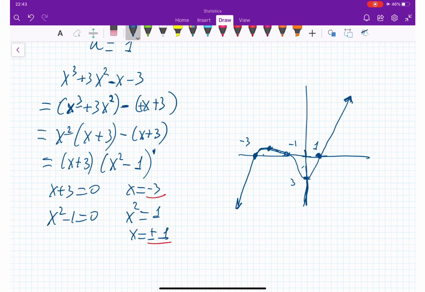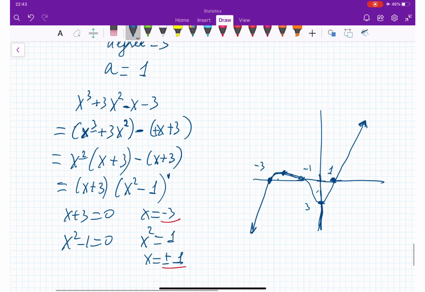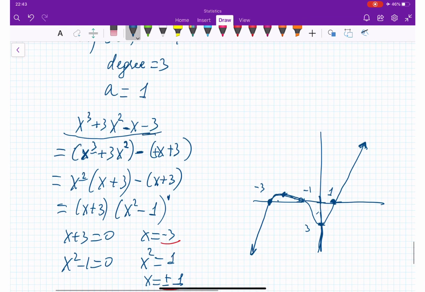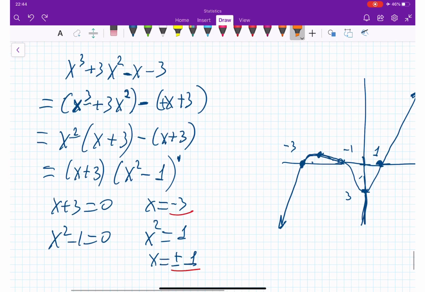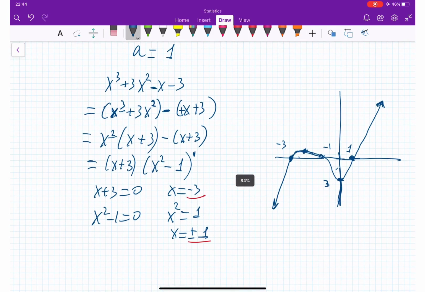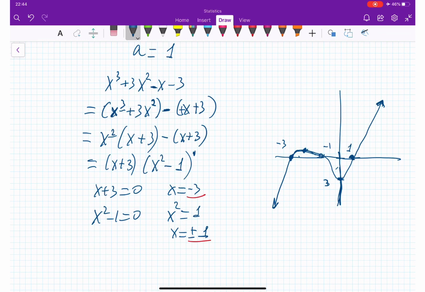Why? Because at this point x is 0. If I plug x equals 0 into our original one, right, we will end up with negative 3. Therefore, looking at that, I can say that this point is going to be negative 3. Okay? All right. We are done.